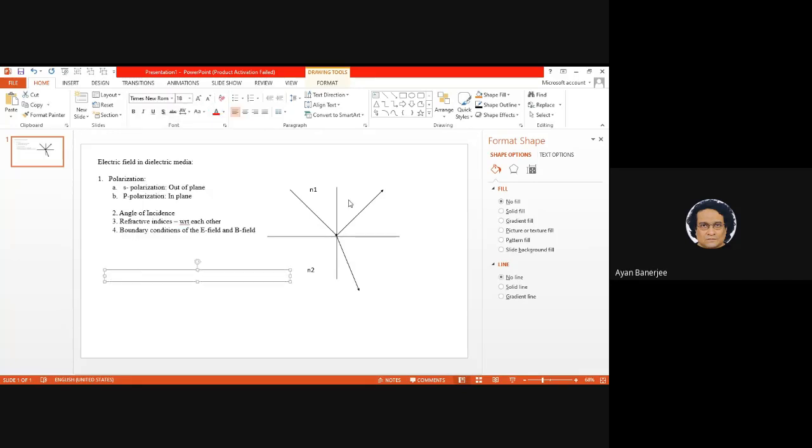Yeah. So as I said, there is a tangential component and a normal component, right? So which field should be continuous at the boundary? Both components of everything? Yeah. The tangential component will remain unchanged, but the normal component will change by the dielectric factor. Of what? Of the electric field. Very good. The normal component will be changed by a factor that will depend on the n1 and n2 values.